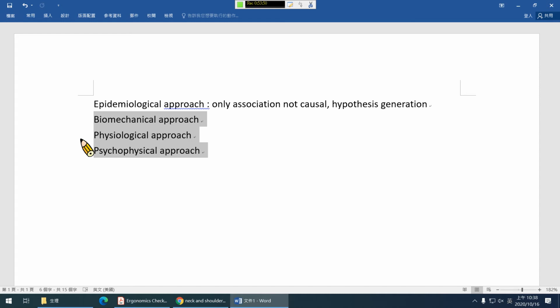After one day's work, he becomes very tired, a lot of energy expended. Psychophysically, you ask the subject and they indeed feel very bad. All these four together, then you are establishing that there is risk.